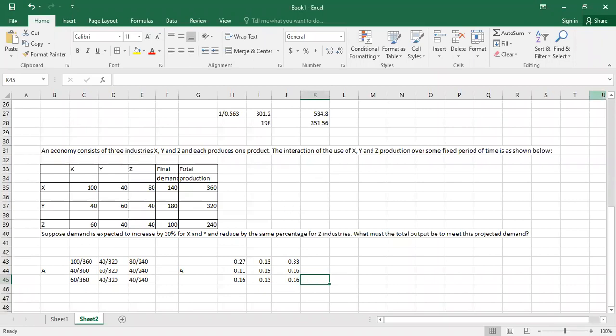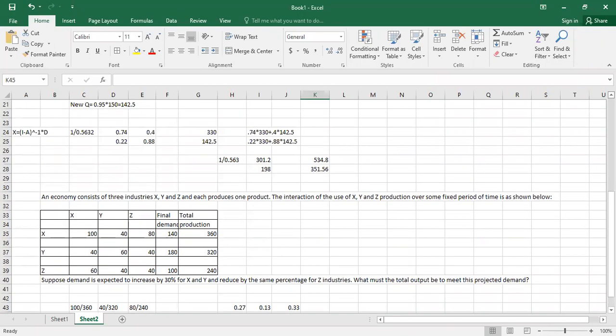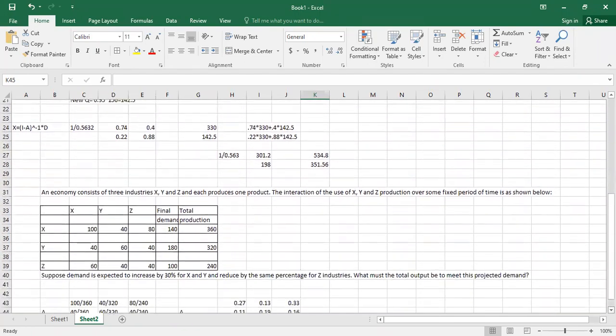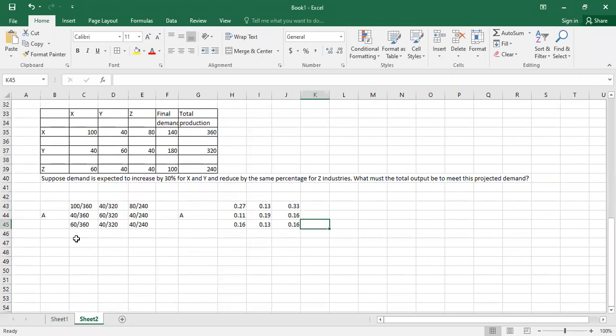So our next step is getting the identity matrix minus our technical coefficient matrix, so I minus A. Our identity matrix, we know it's 1, 0, 0, then 0, 1, 0, then 0, 0, 1.